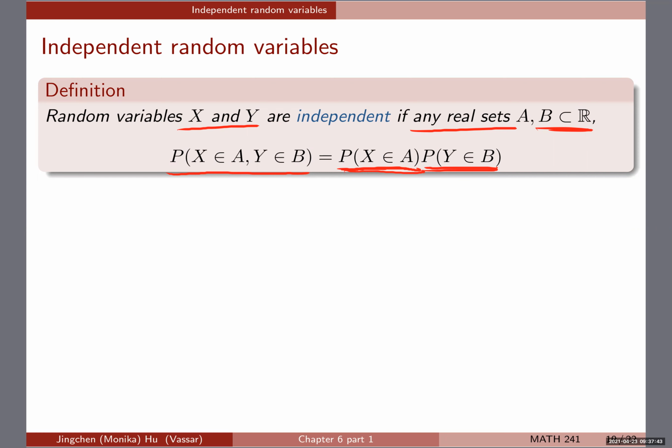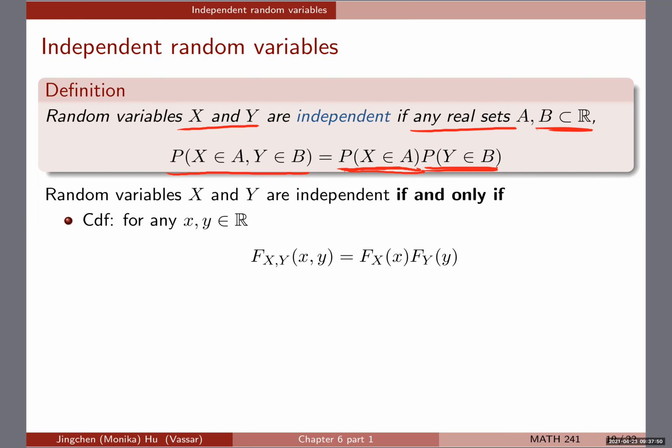But in practice, there are a few ways that you can check if X and Y are independent. And these are if and only if, meaning that if X and Y are independent, those hold, and if any of those holds, X and Y are independent. The first one is working on the CDF. If you're able to show the joint CDF is the product of the marginals of the two, then you know they're independent, and vice versa.